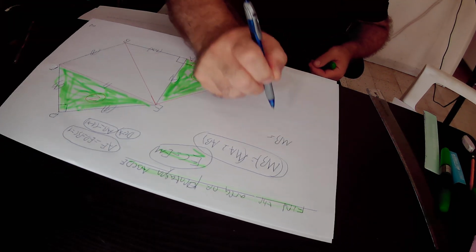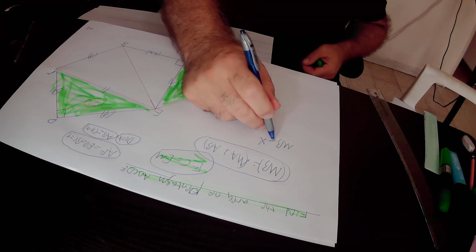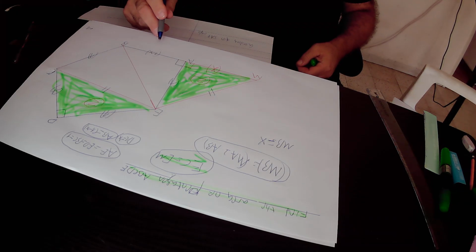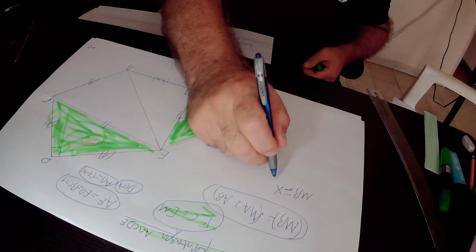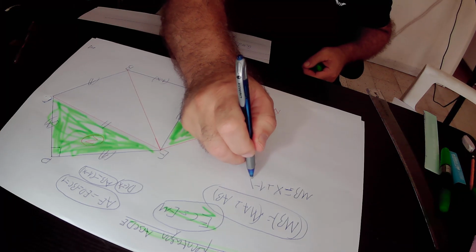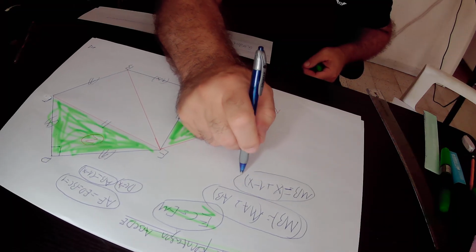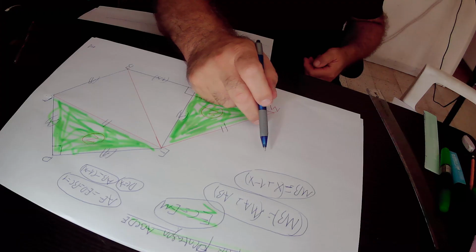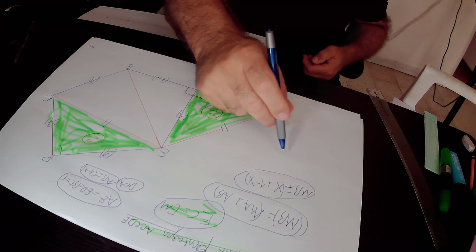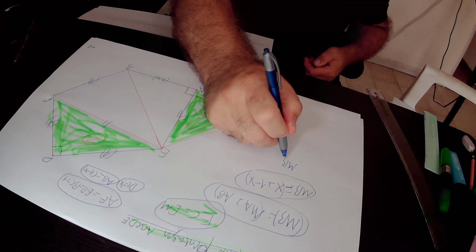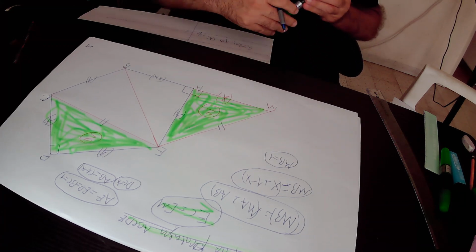So MB total equals MA, which is X, plus AB, which is 1 minus X. So the total MB equals X plus 1 minus X. X minus X is 0, therefore we are left only with 1. MB equals 1 unit in its length.